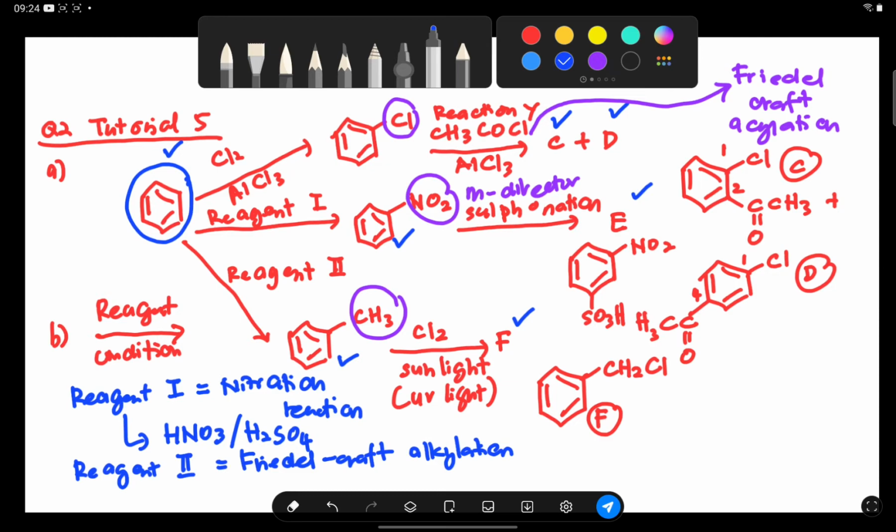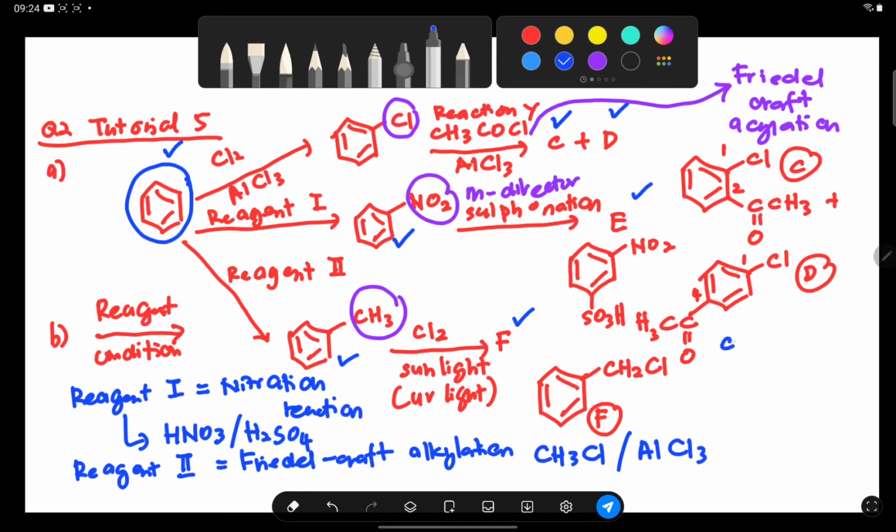So the answer is the reagent is CH3Cl in the presence of aluminium trichloride that acts as a catalyst. If you use Br here, here also Br. So here we already solved question A, B.